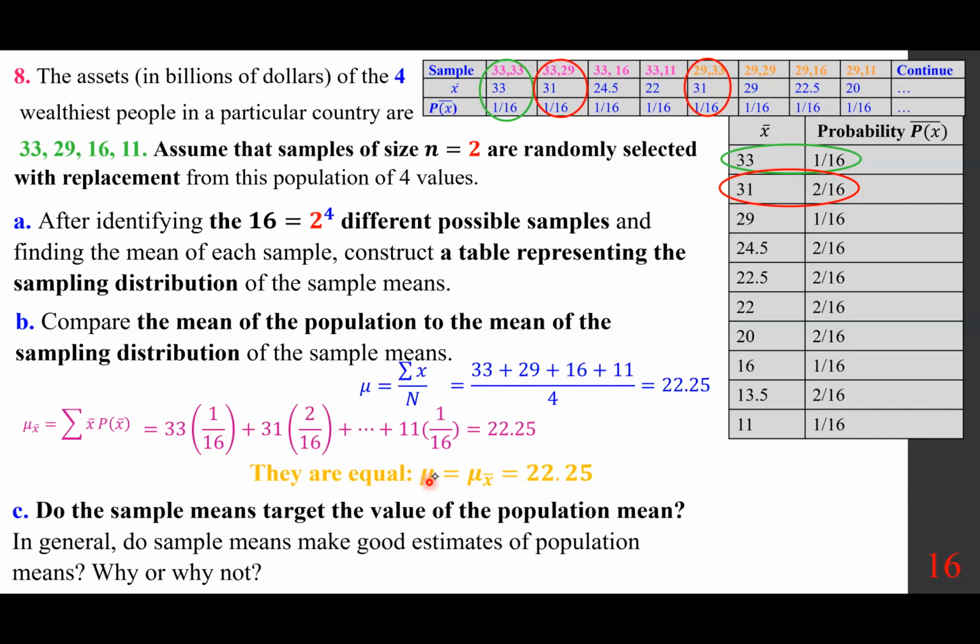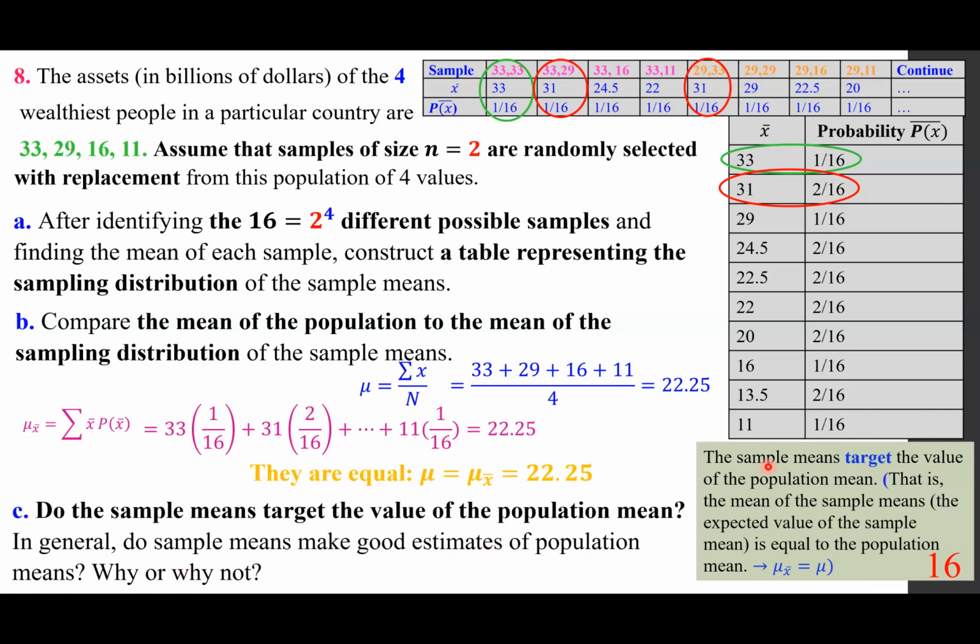Do the sample means target the value of the population? In general, do sample means make good estimates of the population mean? Why or why not? The sample means target the value of the population mean. That is, the mean of the sample means is mu of X bar.